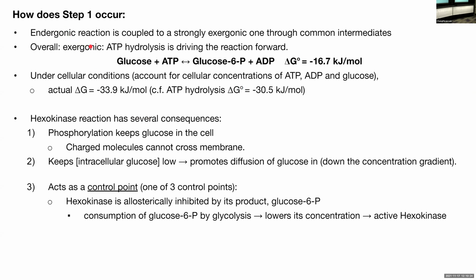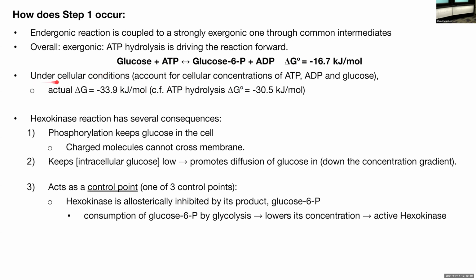So step 1, and its regulation. Again, I told you that this is strongly exergonic with this negative value for delta G, meaning that ATP hydrolysis always happens and glucose will become glucose 6-phosphate.